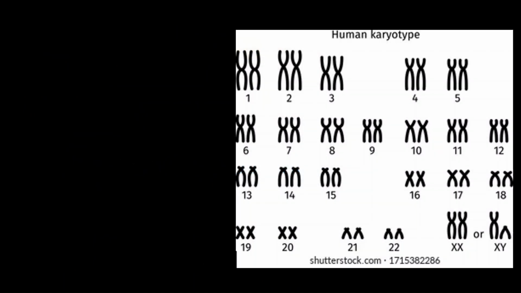Well, on your screen, we have here a human karyotype, and you can see they are all given numbers. The numbers represent the position occupied by the pair of chromosomes or the two sets of chromosomes. At position 1, we have two chromosomes. If you go to position 5, we also have two chromosomes.